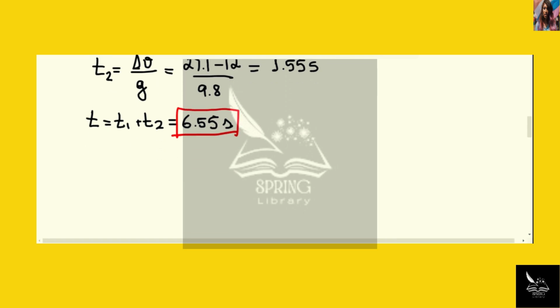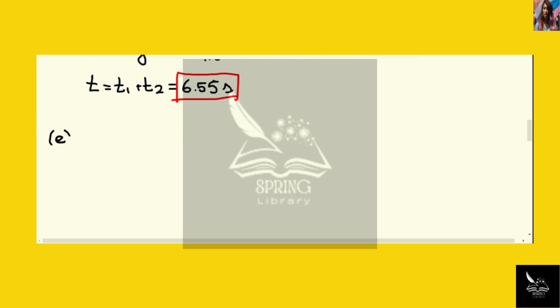And finally, in question E, we have to find the position of the car relative to the base of the cliff when the car reaches the ocean. Well, that means that we have to calculate how far horizontally the car is from the cliff.